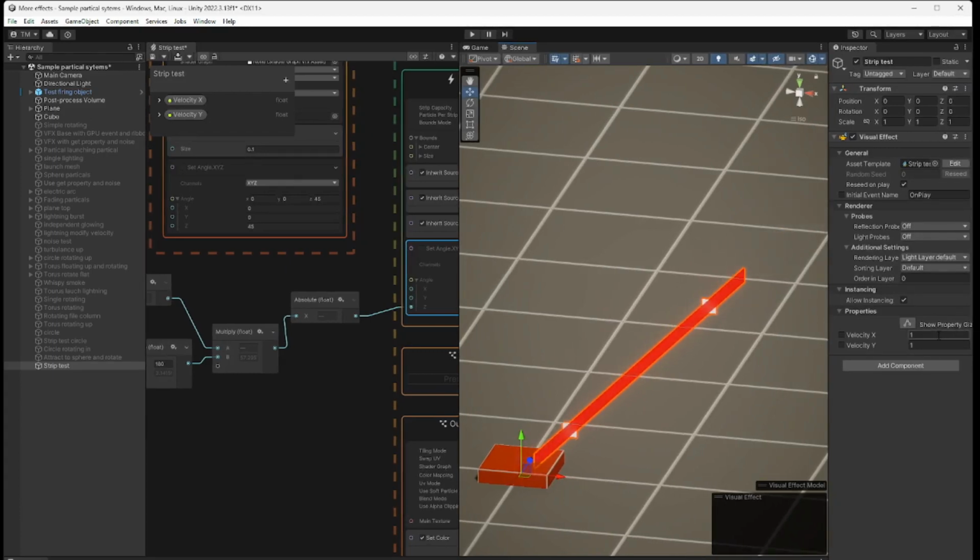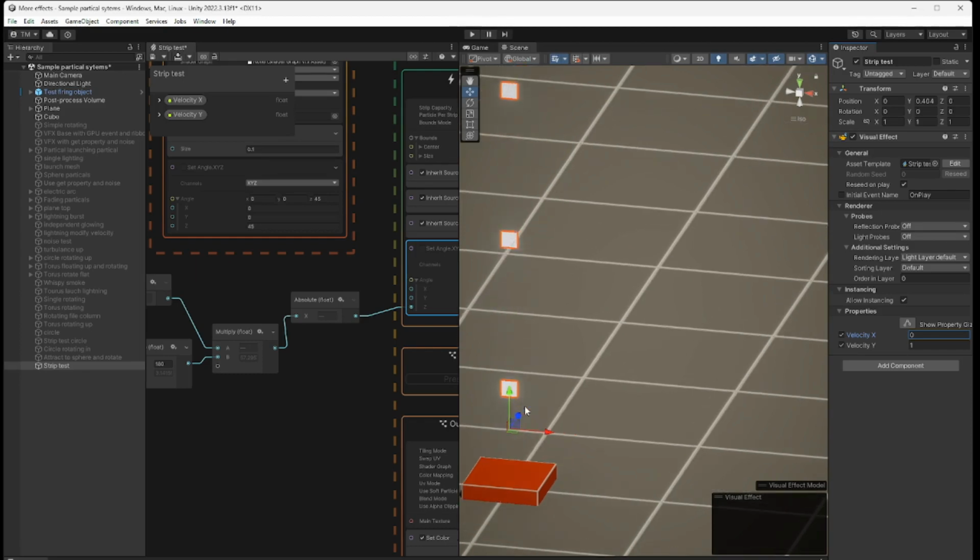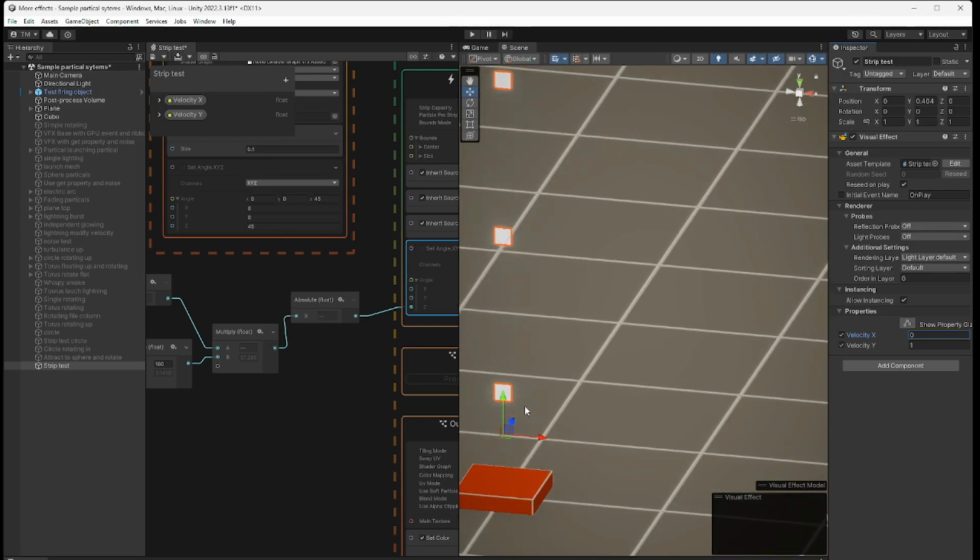If we change the velocity y to 0, you can see the particle strip looks great. Let's move this up a bit, because vertical orientation is what we want, and we see our nice fat strip, and that's cool. If we change this to 0 though and make it vertical, it's like, hey, what happened to my particle strip? Basically, it's super, super thin, because again, it's orientated vertically.